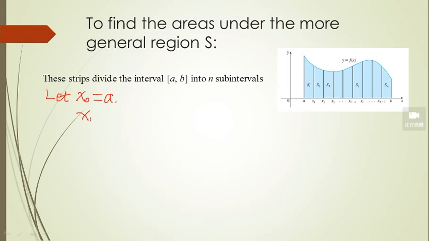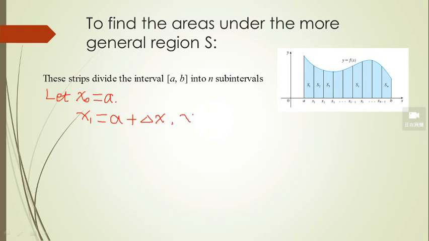We mark this one as x0, the left-hand point. What is the value for x1? We know the length is delta x, so x1 will be a plus delta x.